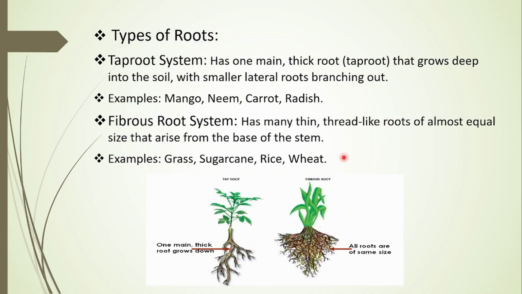In fibrous root, thread-like roots of almost equal size arise from the base of the stem, like this, from the base. But in the taproot system, there is one main root and these are the lateral roots. They are small in size.